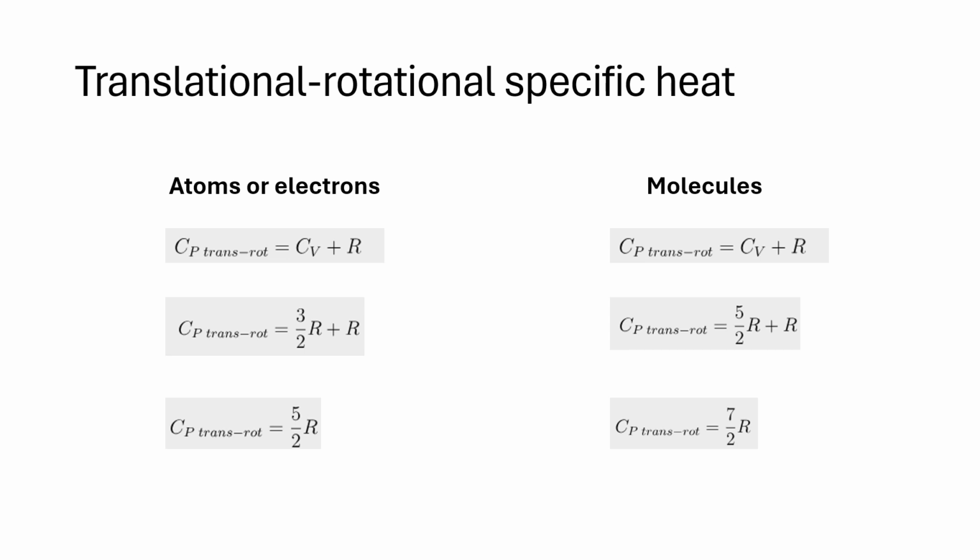So we'll get the values here, and after that we'll derive the vibrational and electronic specific heat together. So let's first get the values of translational and rotational specific heat.